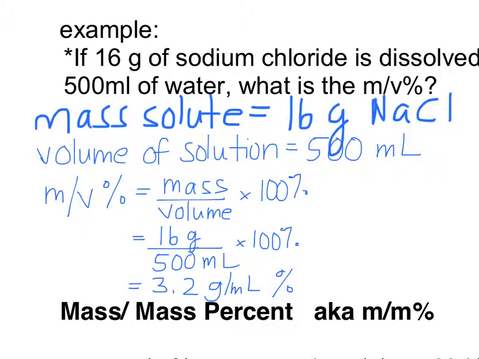The gram to gram will cancel out, or volume to volume, those will cancel out. So in this situation, because you've got mass to volume, as long as you've got that part written there, I think that's probably okay to leave grams per mil out. Does that sound reasonable? So far, so good?